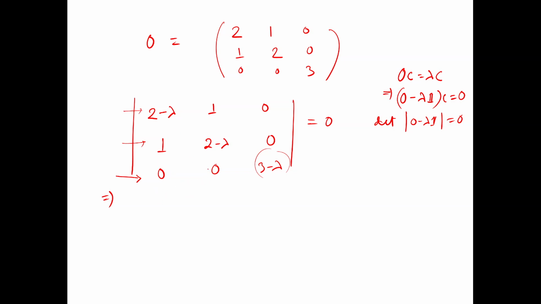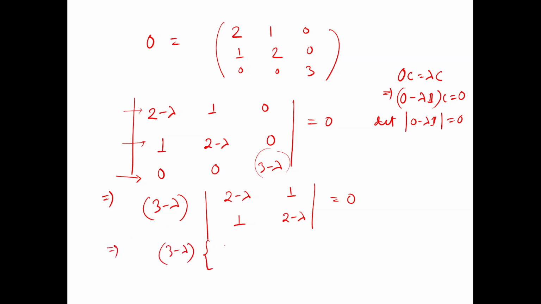So the 0 times terms will both vanish. The only term that is left is 3 minus lambda, and then you have 2 minus lambda, 1, 1, 2 minus lambda, right, is equal to 0. And this is giving you (3 minus lambda) times ((2 minus lambda) square minus 1) equal to 0.